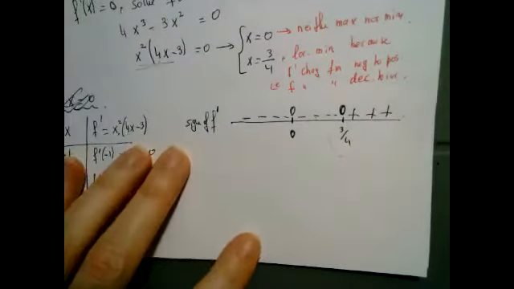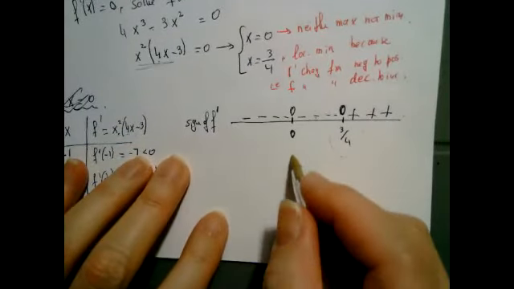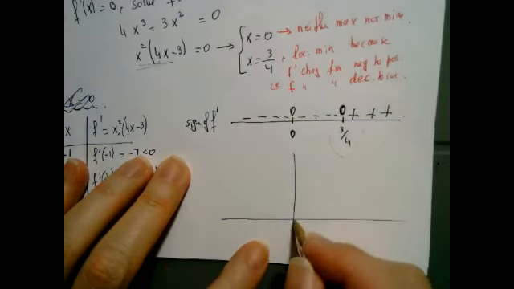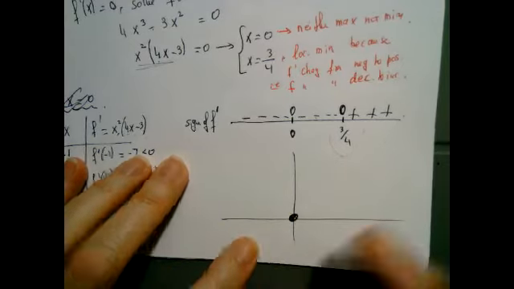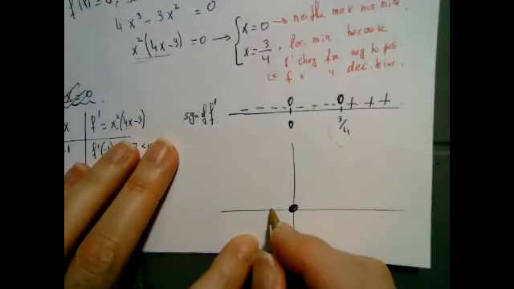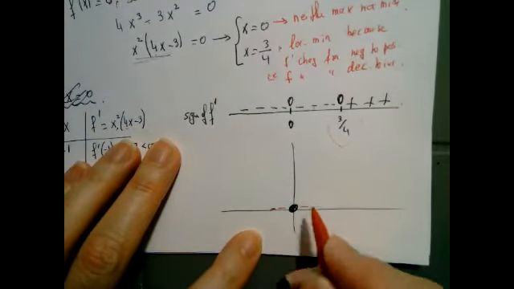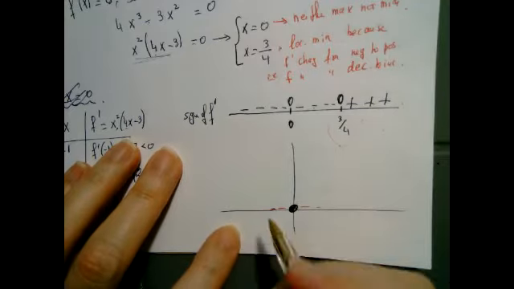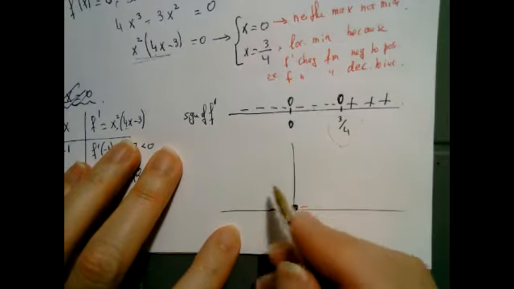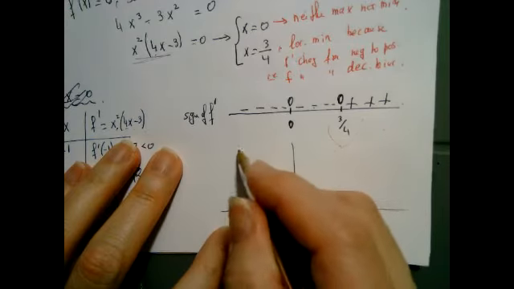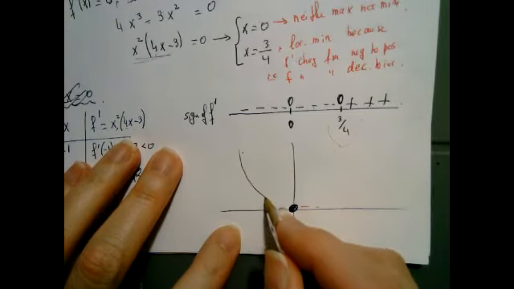Okay, and graphically, how does the function look? It's going to look like that. At 0, so that's the function. Now I'm done with the derivative. The derivative at 0, we have a horizontal tangent, and the function is decreasing. So decreasing, it means it has to come down here.